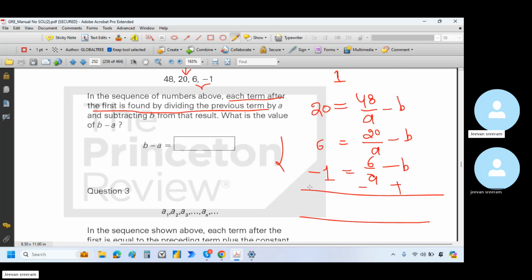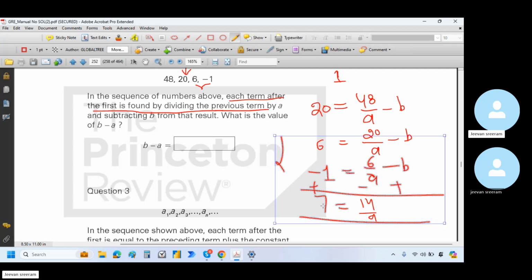Plus, minus, plus 7, 20 minus ca minus 6 minus ca. That's 14 by a. 20 by a, 6 minus 6 by a. 14 by a. 7 ones are, 7 twos are 14, so a is equal to 2.